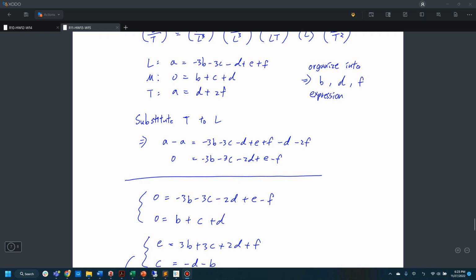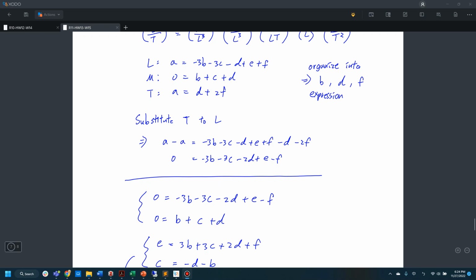So we need to reorganize by creating a new equation based on these three equations. The first thing we try to do is to substitute the equation of T into the equation of L, and by subtracting these two, we will have this new equation: 0 is equal to minus 3b minus 3c minus 2d plus e minus f.